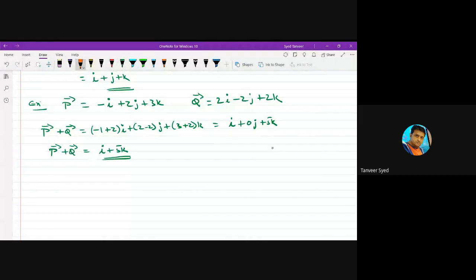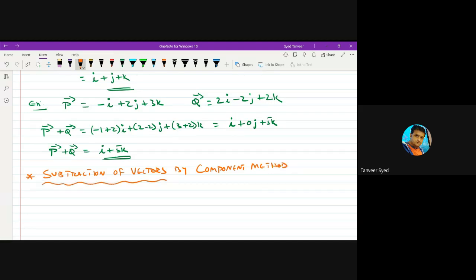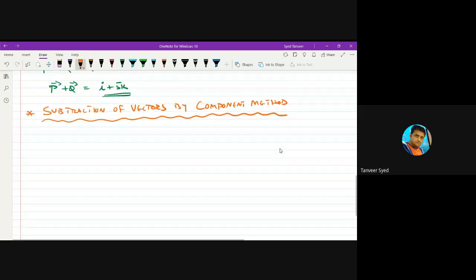In the same way, if you take subtraction of vectors by the component method, we follow a similar procedure. The only difference is instead of addition, it is subtraction. That's all.